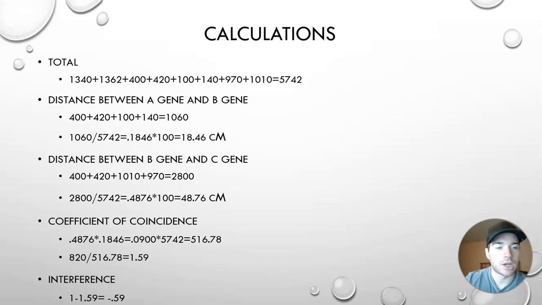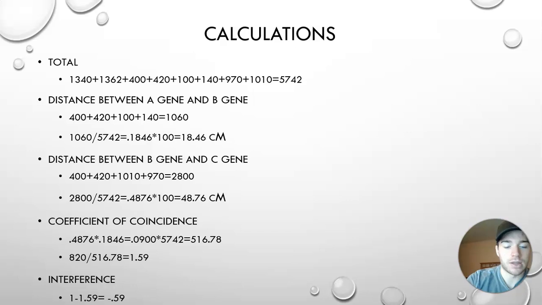Then I calculated the distance between the A gene and the B gene. In order to calculate the distance between the A gene and the B gene, you have to total up the frequencies in which a crossover event occurred in between the A gene and the B gene. So the double crossovers had a crossover in between the A gene and the B gene, and then the single crossovers that just had the crossover in between the A gene and the B gene.